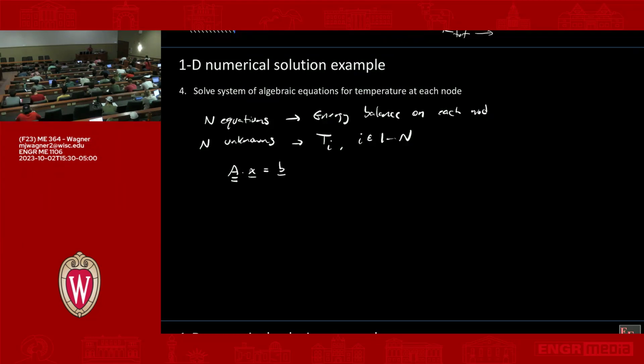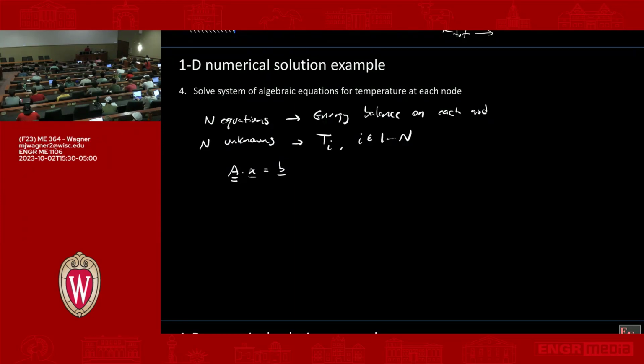So remember your linear algebra solutions. This is what we have to solve. To solve this, we basically have to invert the A matrix. There's a bunch of ways to do this. You could do it manually, you could do Gauss elimination, you could use MATLAB to solve or invert the matrix. You can use EES, which is basically just a matrix inversion tool.